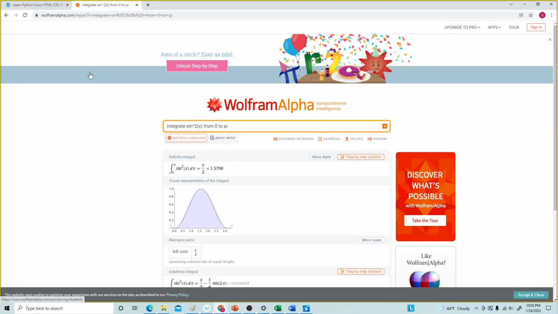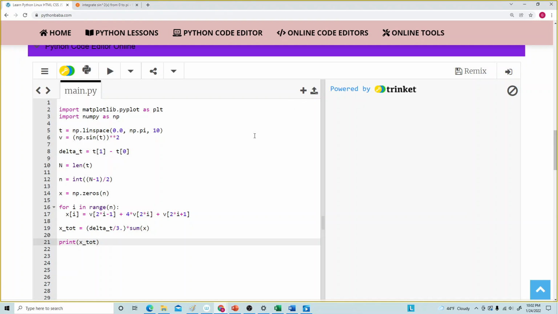If I actually do this integral, and this is why I chose this integral, because it has a known solution, we should get a number close to 1.57, something close to pi over 2. So let's run it and see what we get. Okay, 1.468. Not terrible.